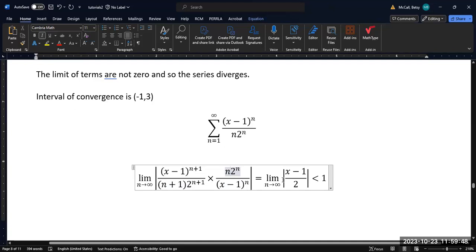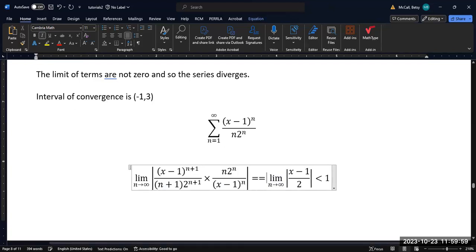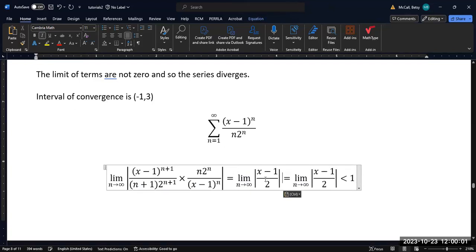And the thing about these expressions is that we're going to have a second component here for our n's that didn't cancel.